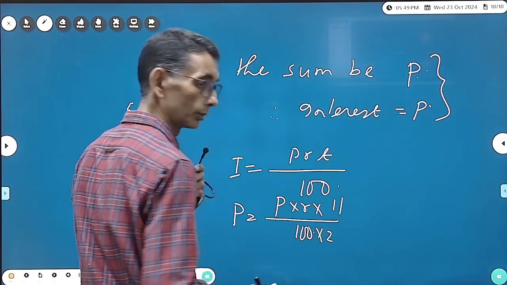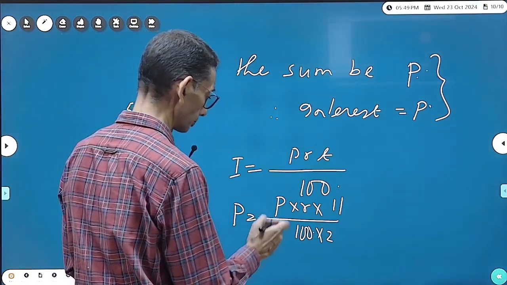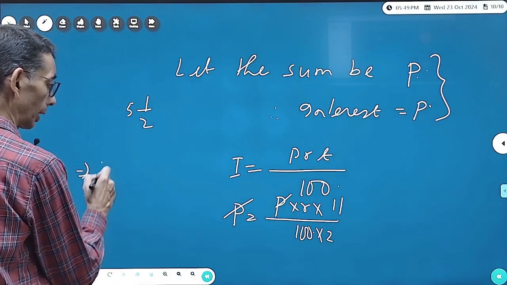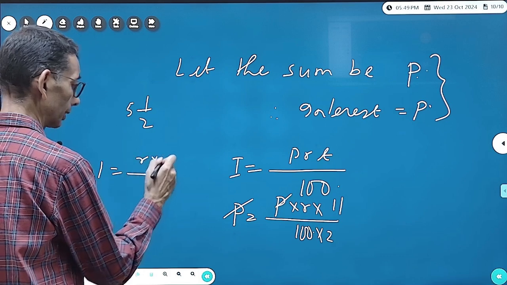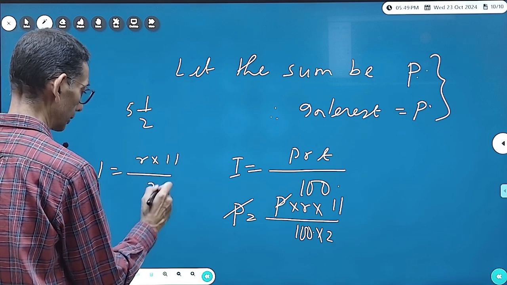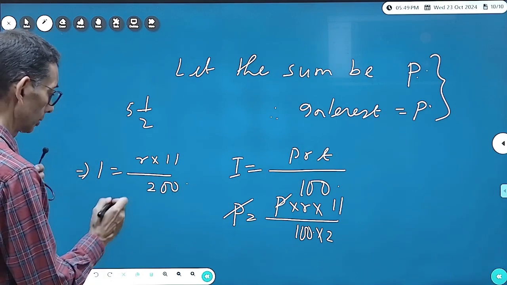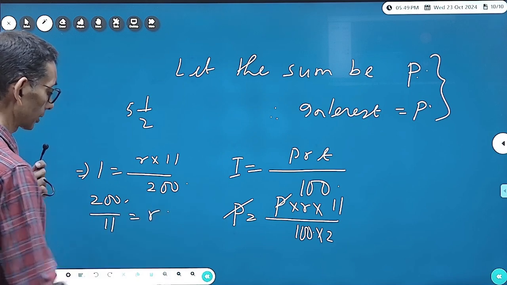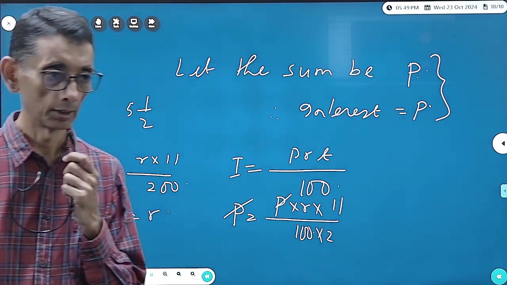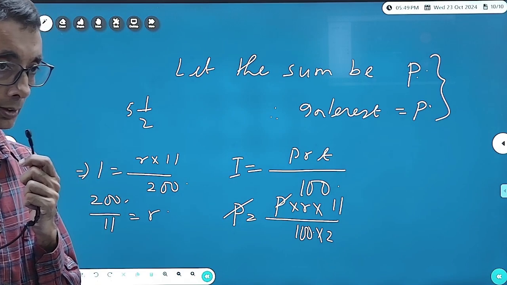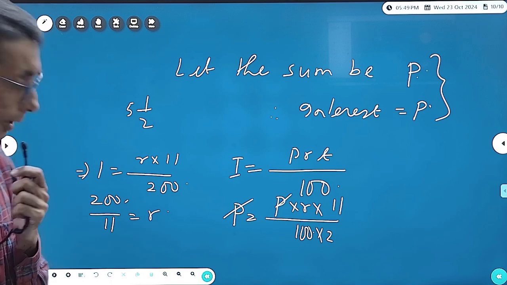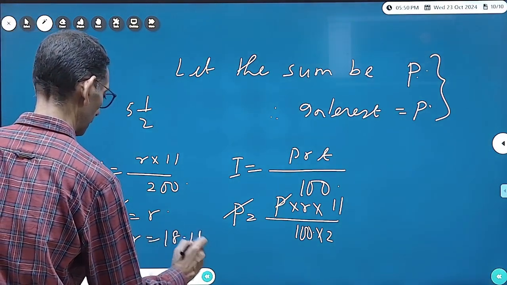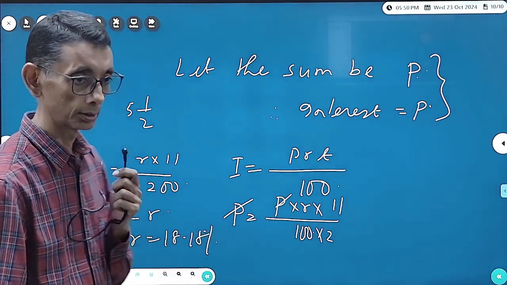Cancel PP. So 1 is equal to R into 11 by 100 into 2, that is 200. Bring 200 to one side and 11 to the other: R is equal to 200 divided by 11, which is 18.18. So R is 18.18%. See how easy it is.